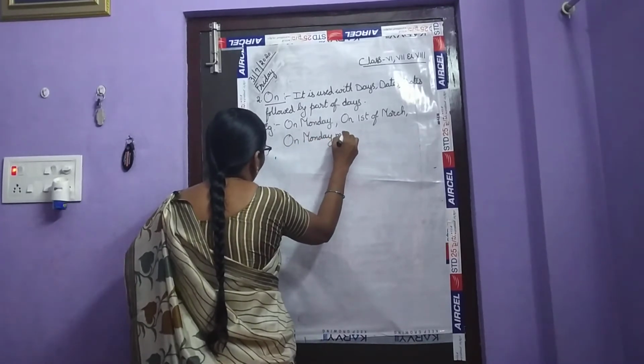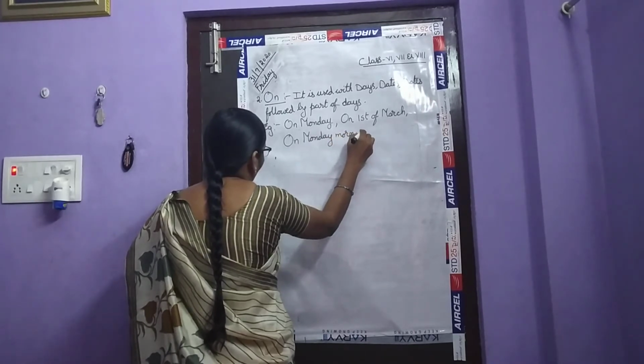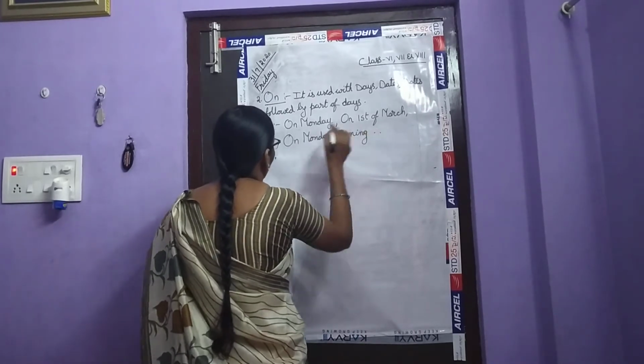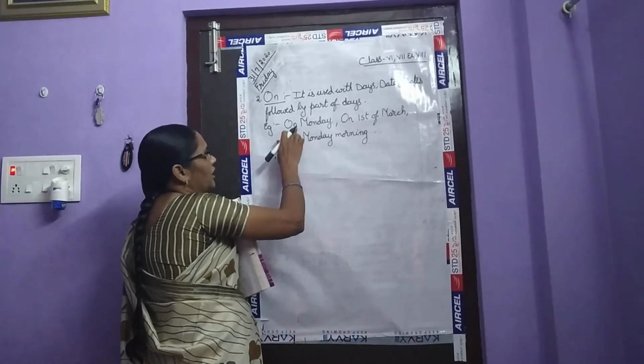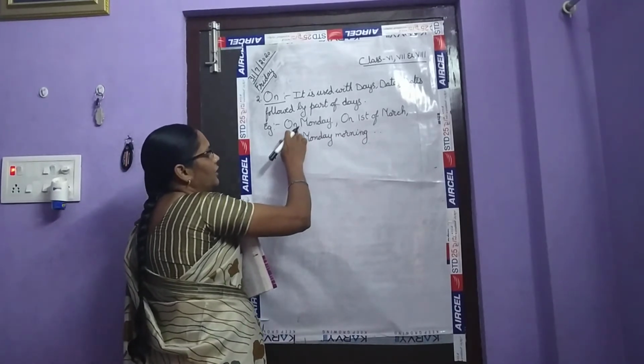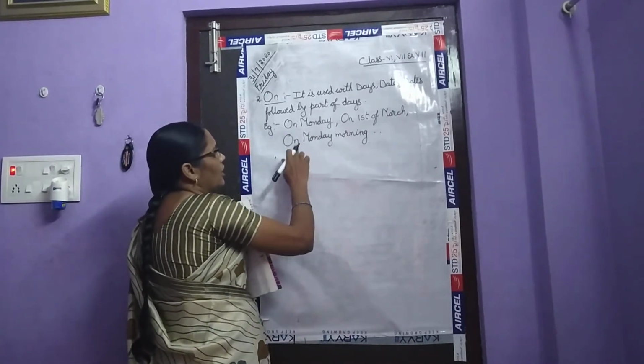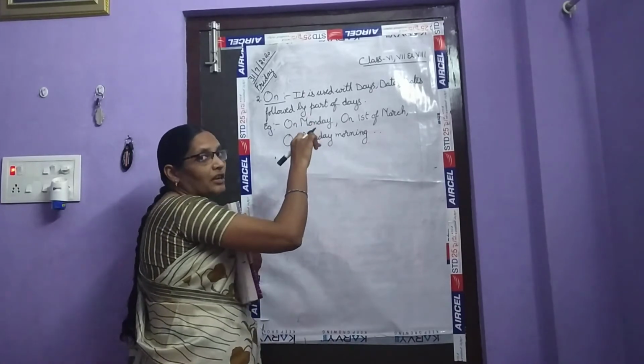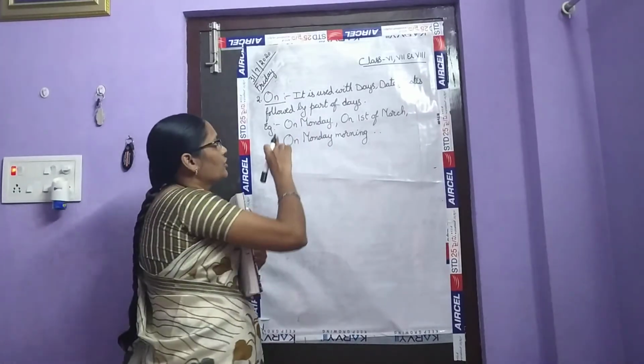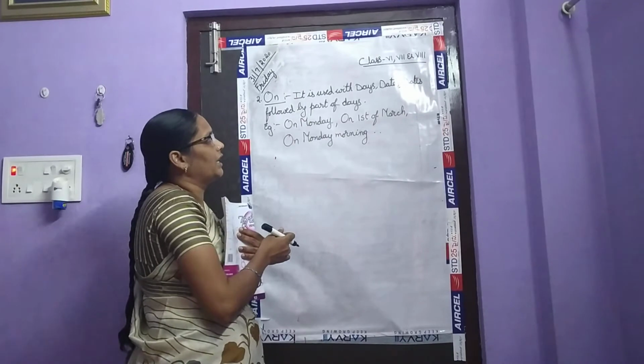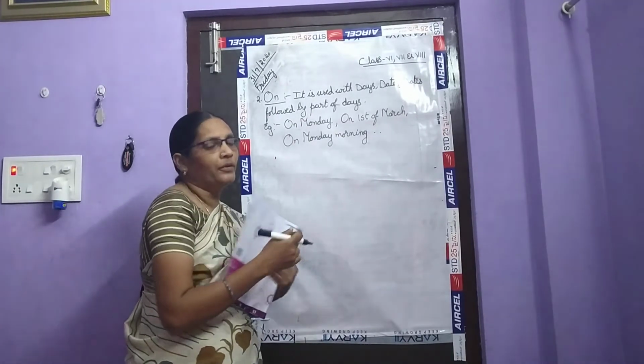So on Monday, it is a day. On Monday morning, it is a day followed by part of the day. So on is used with days, dates and dates followed by part of days.